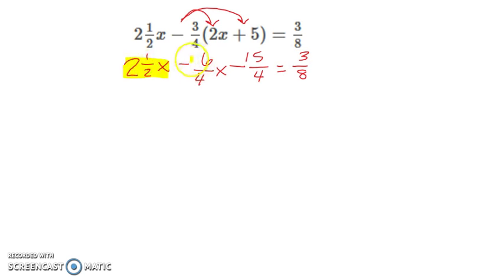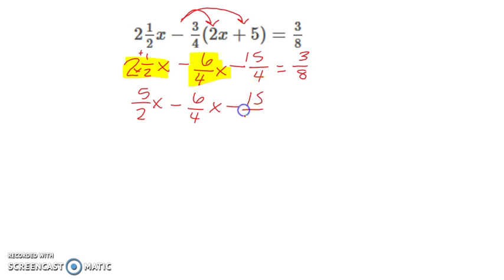Our next step would then be combining like terms. So we have 2.5x minus 6/4 x. What we want to do is change this 2.5 into an improper fraction. So 2 times 2 plus 1 would be 5/2 x minus 6/4 x.